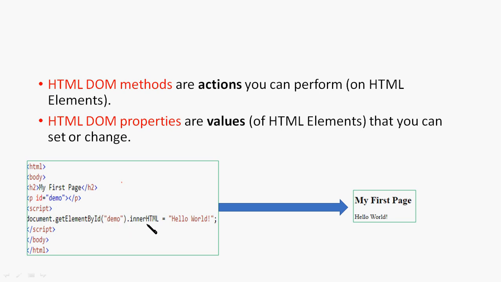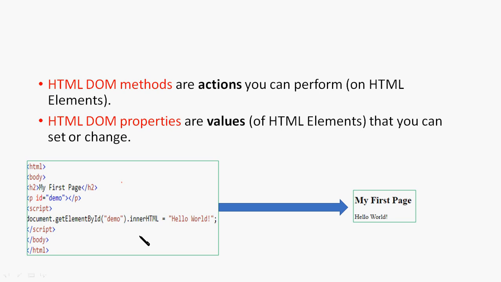innerHTML is the property. getElementById is the method, and innerHTML is the property of that method. It shows hello world. So it accesses the paragraph with the ID demo and displays the content hello world as a paragraph. So here the paragraph element ID is accessed.